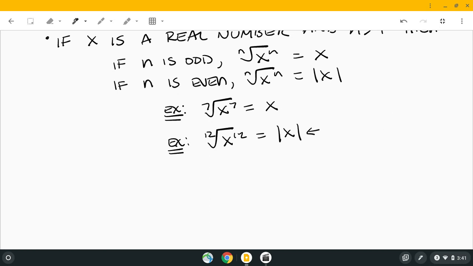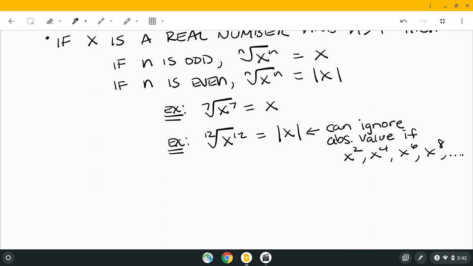Here you can ignore absolute value if your result is like x squared or x to the fourth or x to the sixth or x to the eighth, etc. Okay, because then it's automatically going to make it positive. And that's what we're trying to do.